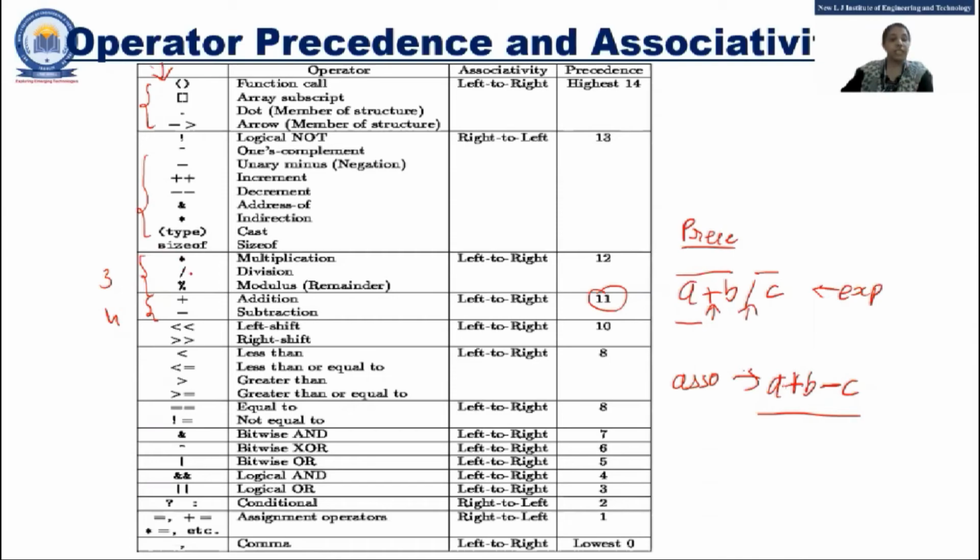While multiplication, division and modulo have precedence 12. So whenever you have operators of the same precedence, you have to go for associativity. Clear? Same precedence.